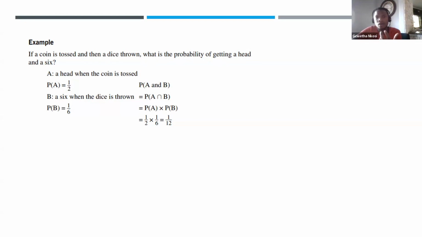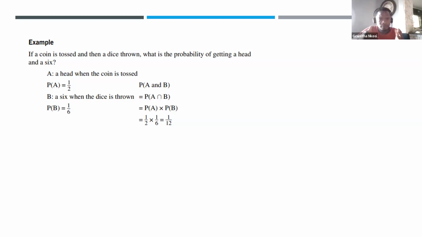Only two outcomes, the head and the tail. That is your sample space. When you are throwing a die, your sample space is 1, 2, 3, 4, 5, 6.